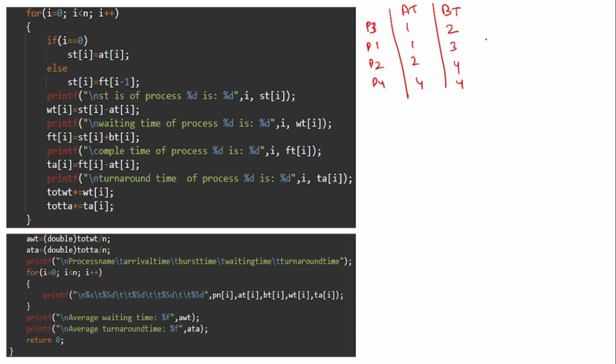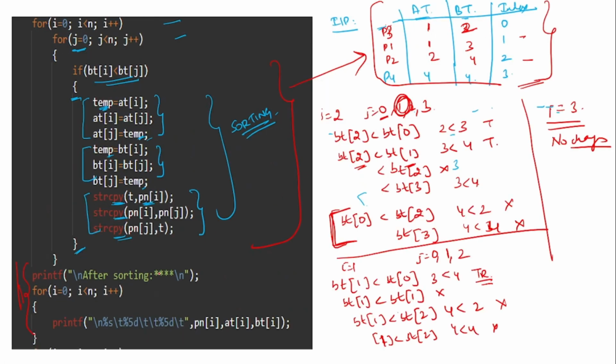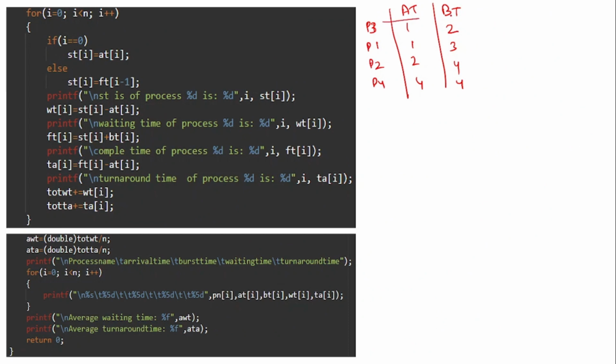Now if you see here, after completing the sorting, I got this as the final table, which means now you can see the burst times here are in sorted order, 2 3 4 4, in ascending order. Now I can directly execute.